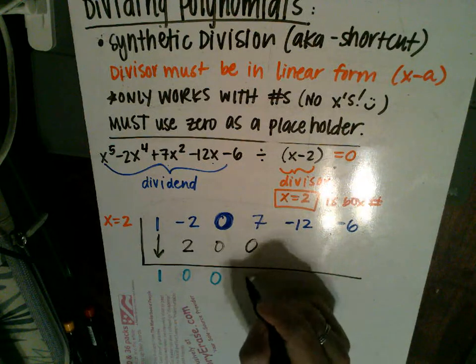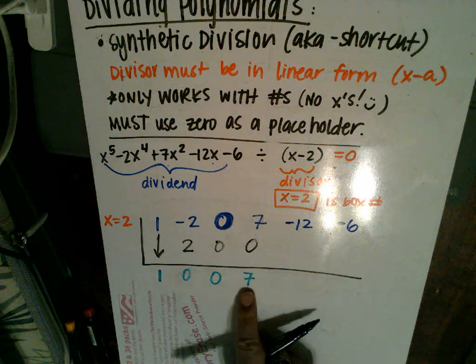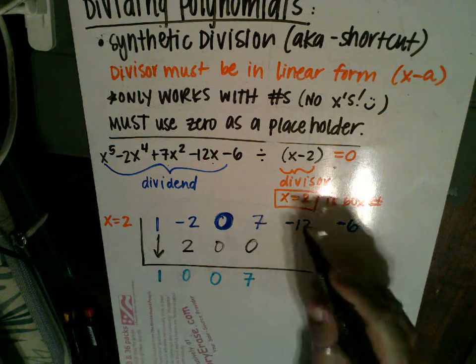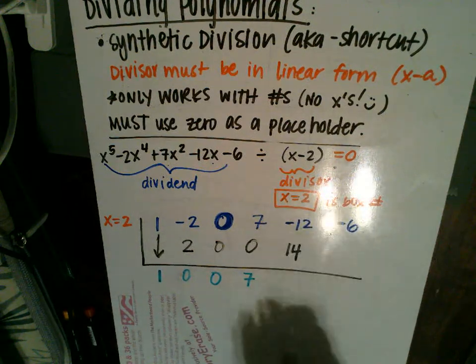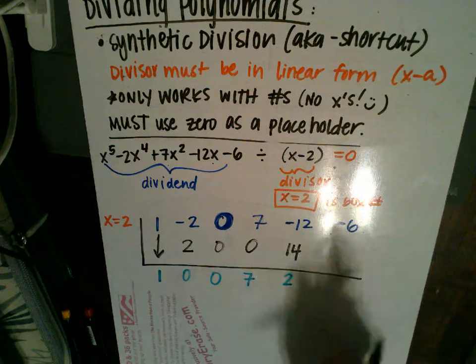7 plus 0 is 7. Start over. This number, 7, times my box number 2, is 14. Add vertically, negative 12 plus 14 is 2.